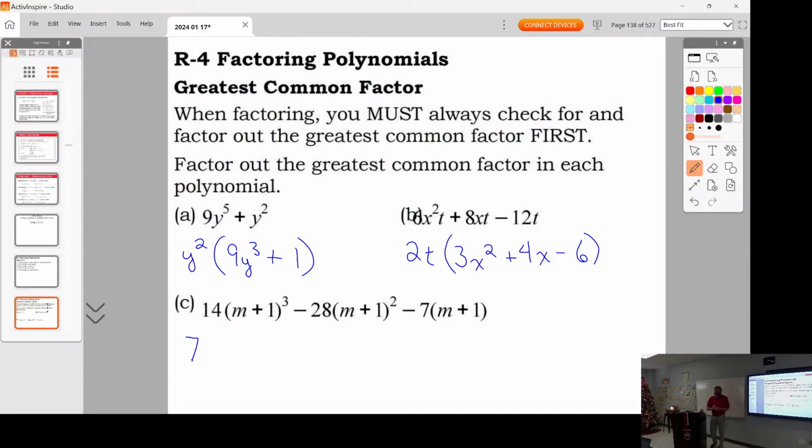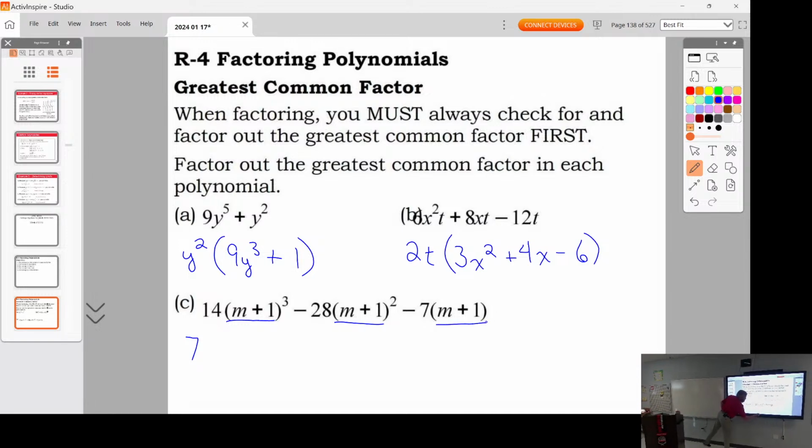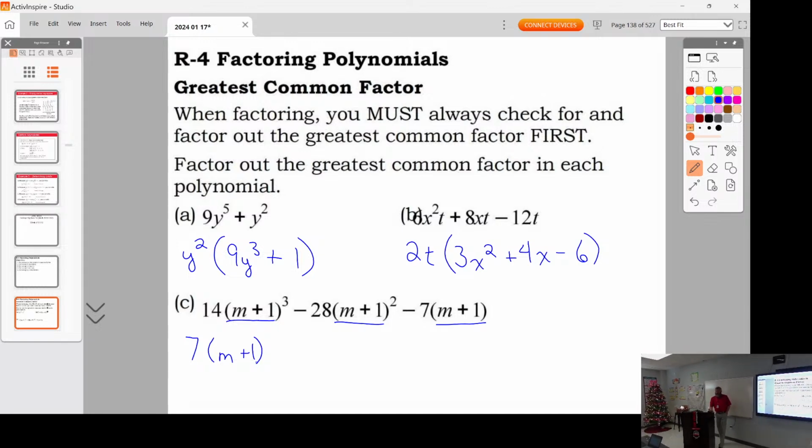Is there anything else that all three terms have in common? They all have an m plus 1. This one has it, this one has it, and the last one has it. And the smallest exponent on m plus 1 is 1.